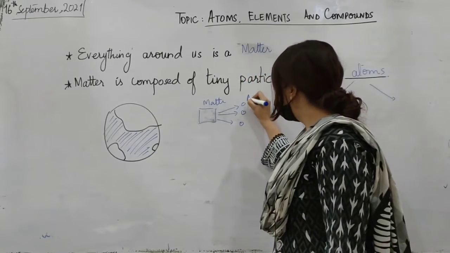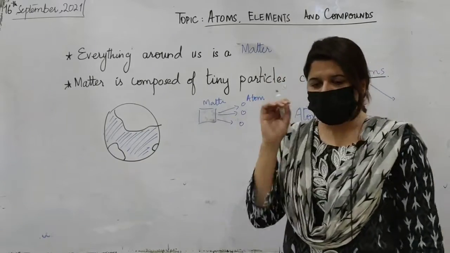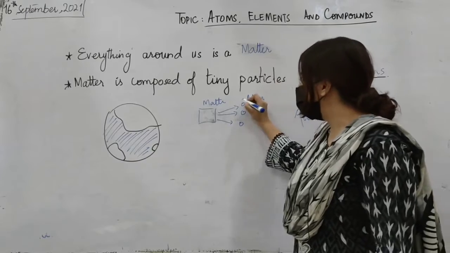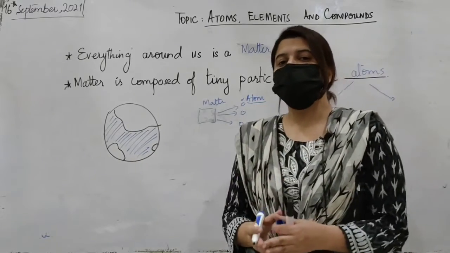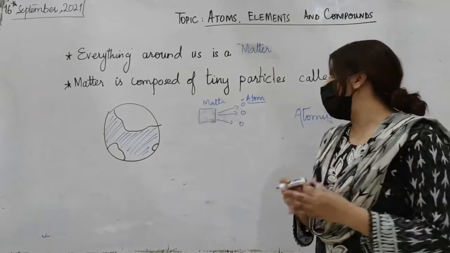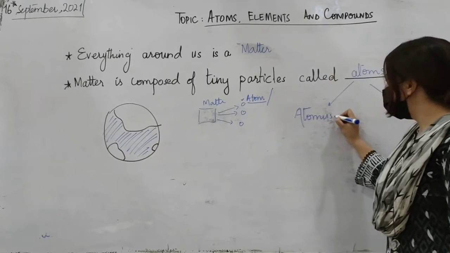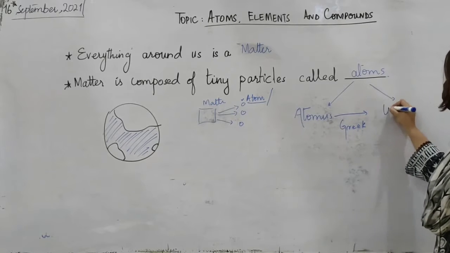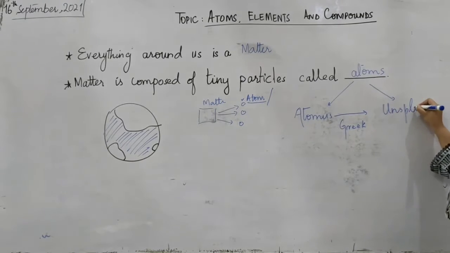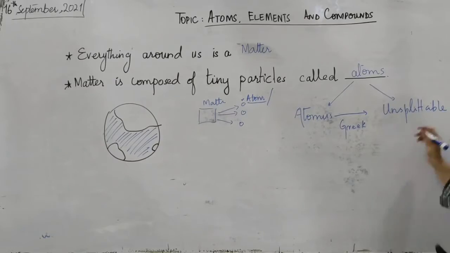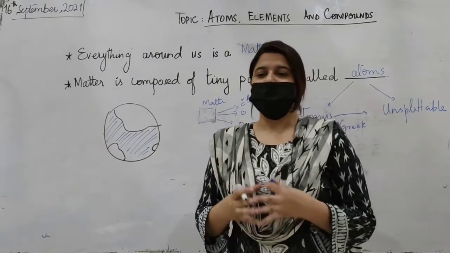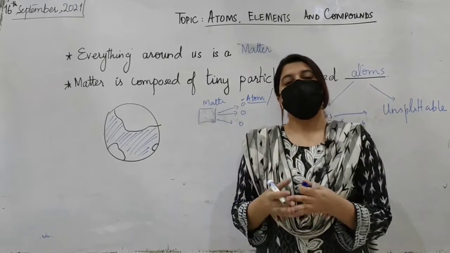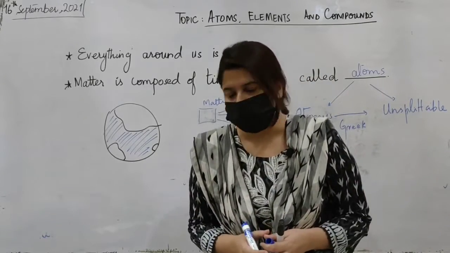But when it reaches the state where we get the atom, the smallest and simplest unit of matter, it is impossible to split an atom further. That is why it comes from the Greek word atomos, and its meaning is unsplittable, because we cannot divide atoms into a simpler form. Yes, we can make a more complex form by combining different atoms.